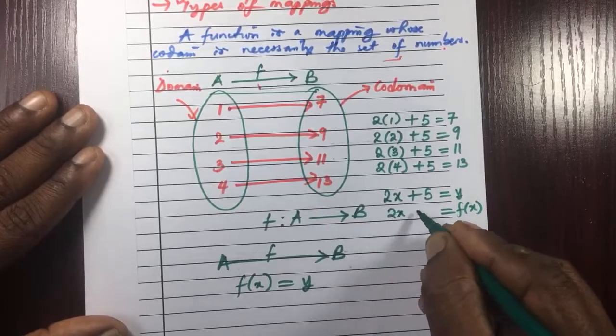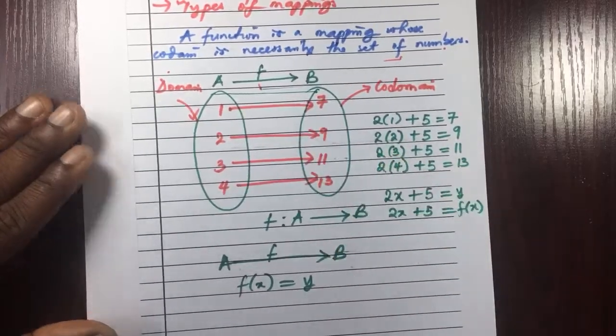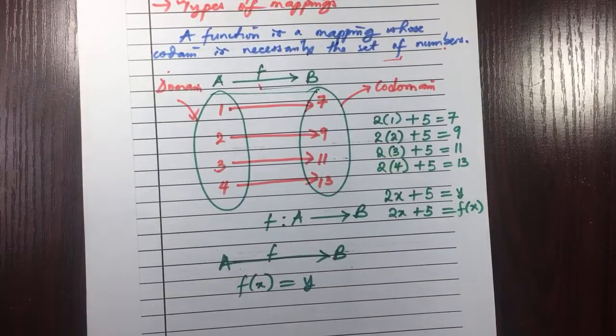So what it means is that this mapping f is indeed a function. Again, why is it a function? It is a function because the elements in the codomain are necessarily numbers. So mappings could become functions only when the elements in the domain and codomain are numbers. But the codomain must have elements that are necessarily numbers.